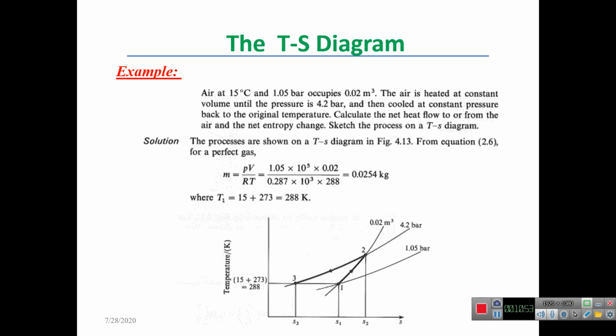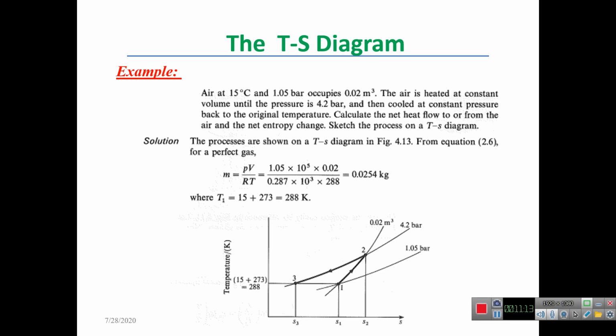Now it is required to calculate the net heat flow to or from the air. It is required to find the heat flow either to the system or from the system, and the net entropy change.